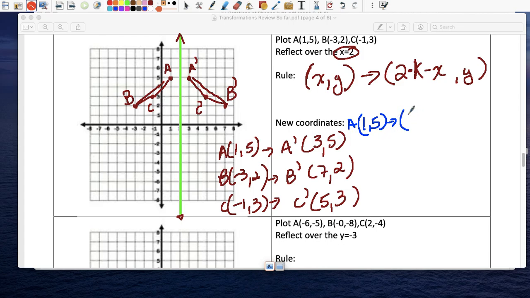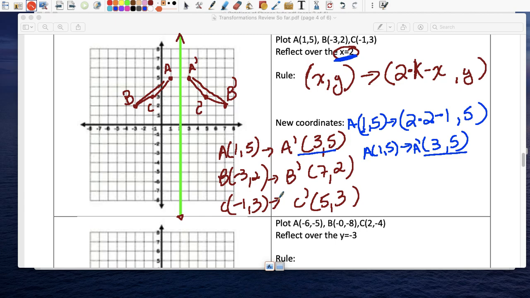We're going to go 2 times 2, because the line of reflection is 2, minus x, and how much is x right now? Well, the x value is 1, comma y, which is 5. So A, which is 1 and 5, is going to turn into 2 times 2 is 4, minus 1 is 3, comma 5. Isn't that what we got here before? It is. So you can try that with points B and C.